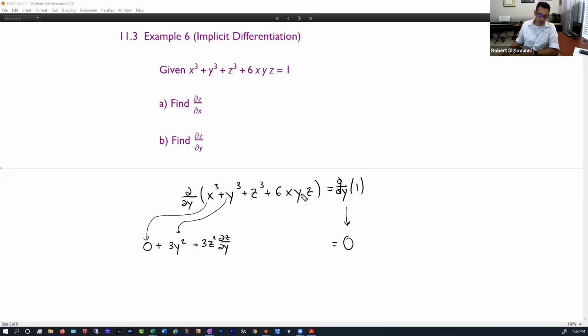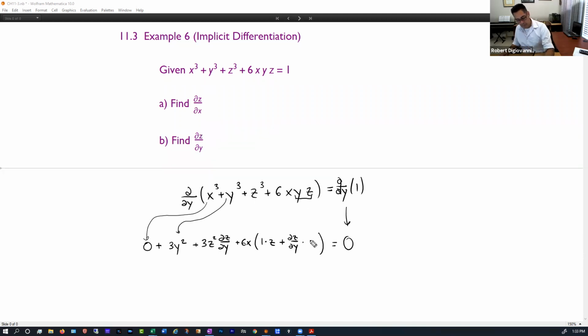And on this, the x is constant, so I'm going to look at the x as being out here with the 6, and then I have to do product rule on the yz instead. So the derivative of y with respect to y would be 1 times z, then plus the derivative of z with respect to y, which would be partial z with respect to y times what?